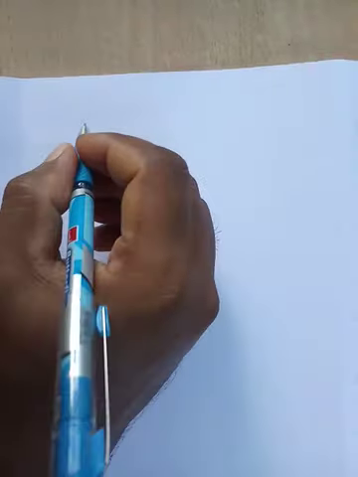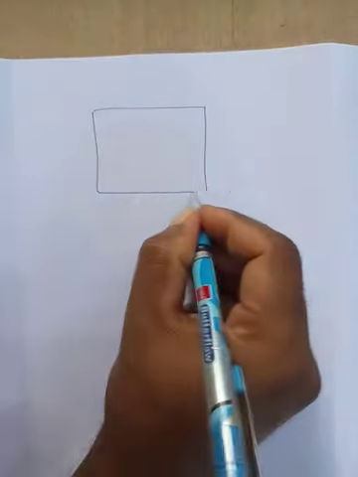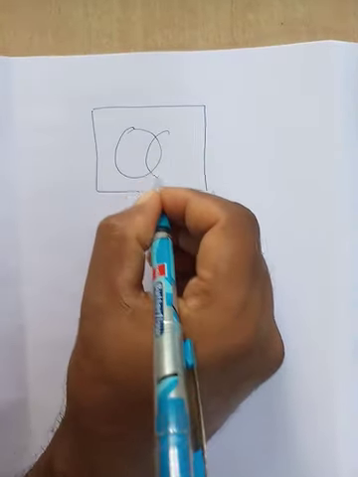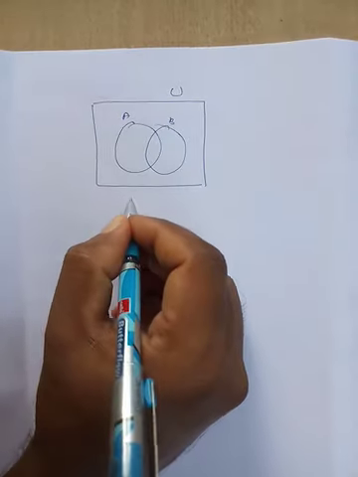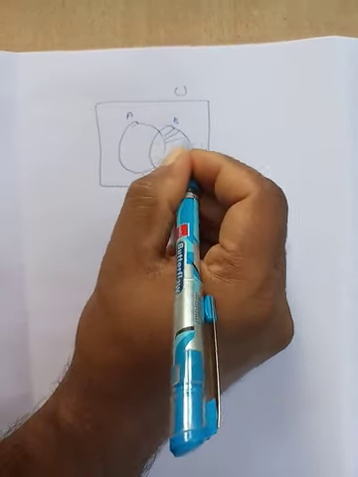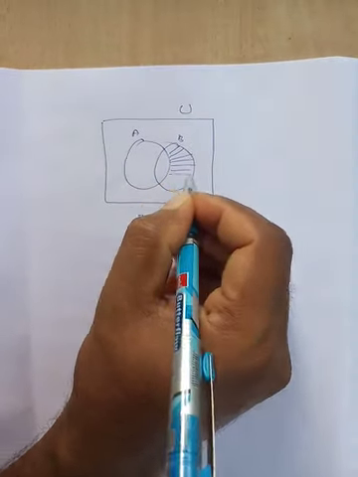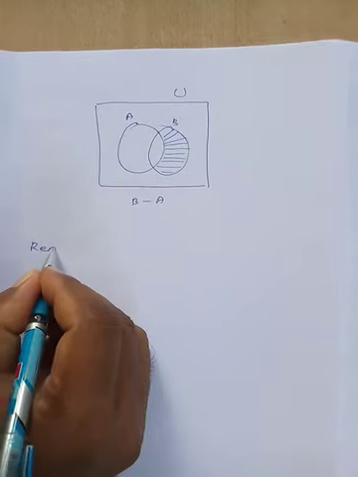Next, to represent B difference A. Universal set, A, B. B difference A is only the region of B. It does not contain A. Now some remarks.